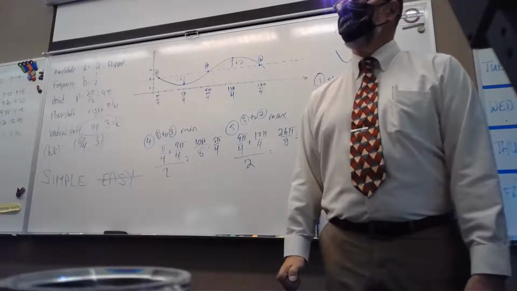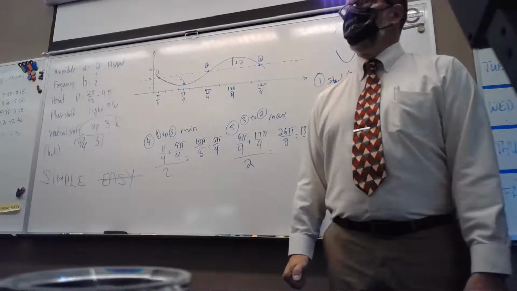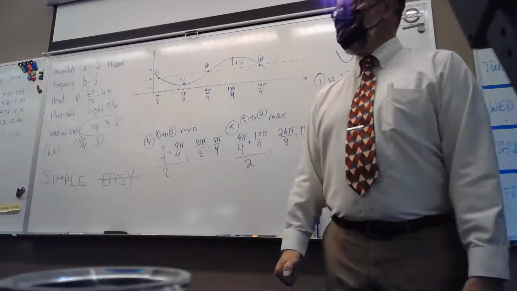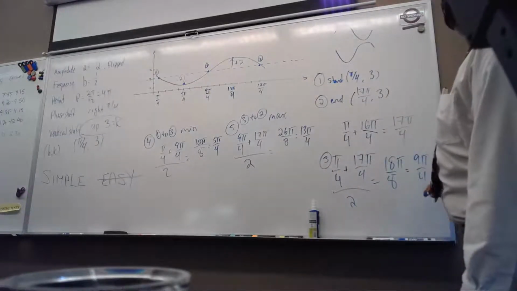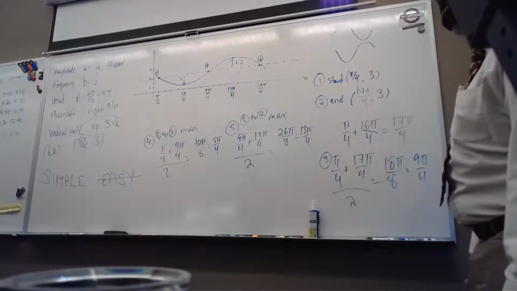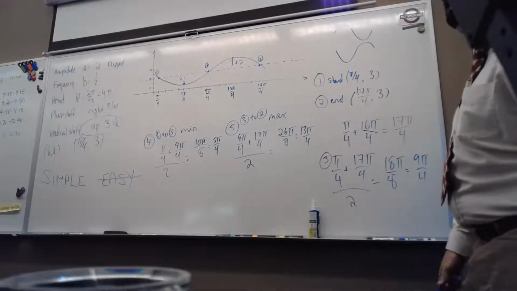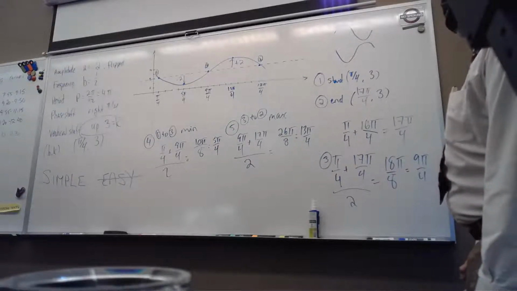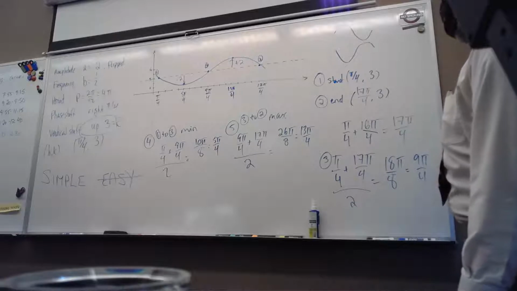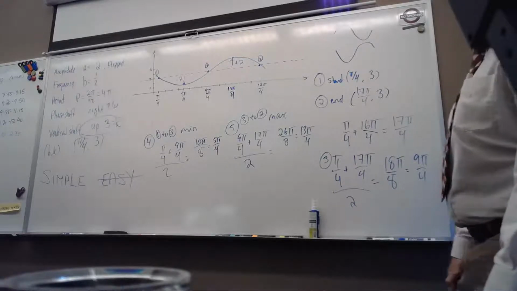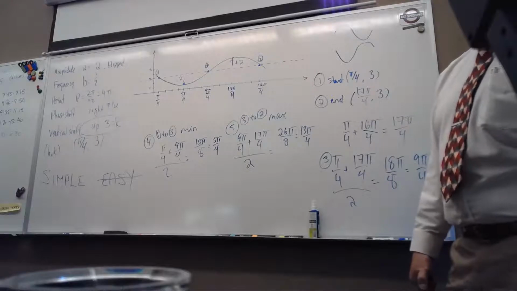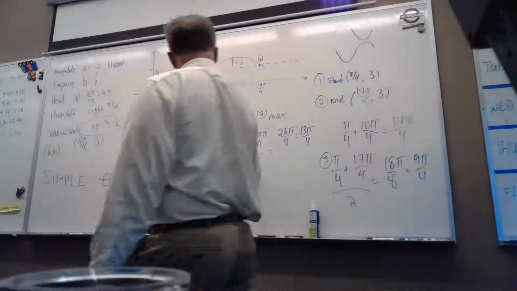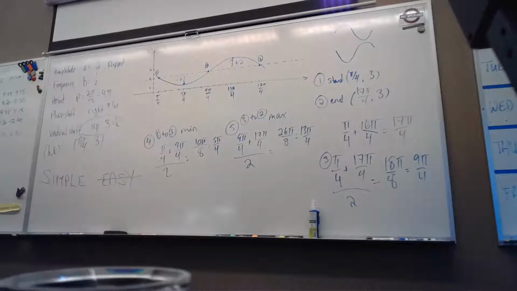Macy's question was, so for example, we're going from 9 pi over 4 to 17 pi over 4.